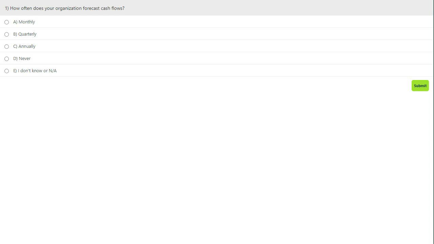And as everyone's filling this out, personally, I hope we don't see a lot of D's, but maybe we will. I kind of doubt it. But one question that goes hand in hand with this is, how aligned is your company's cash forecast or cash projection process with the strategic goals of the company?